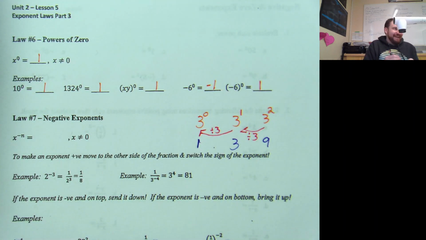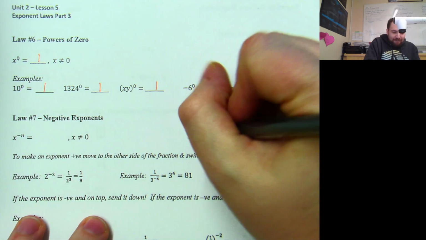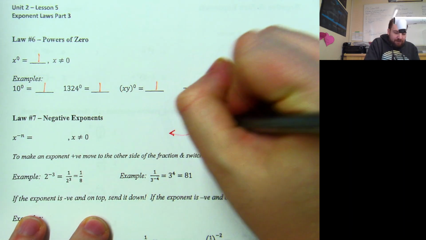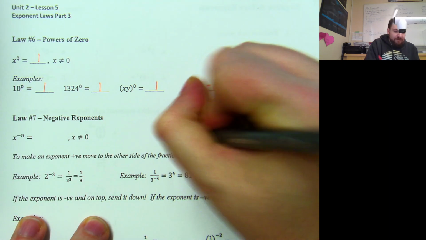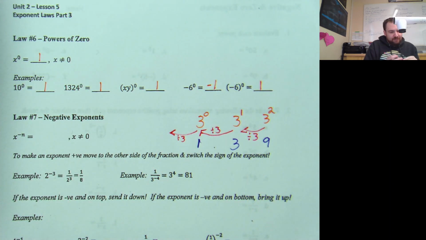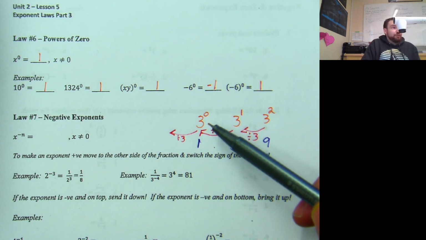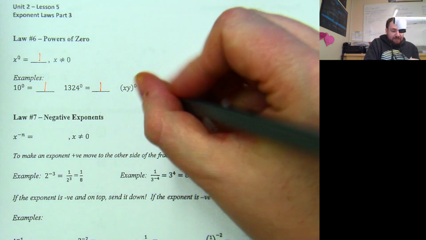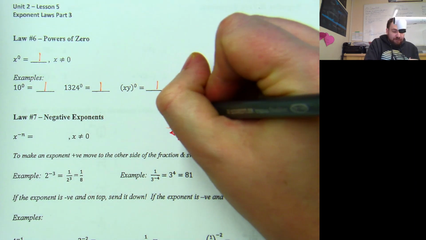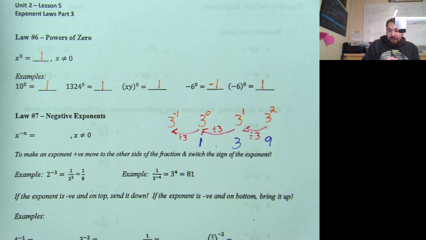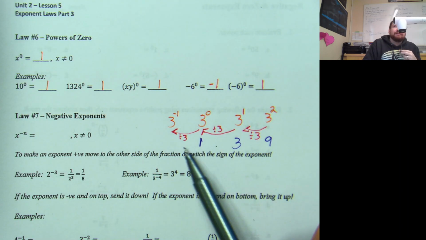Well, see, Danny, that's my question that I'm going to ask you now. What happens if I divide by 3 again? I'm going to decrease my exponent by 1, so that's going to give me 3 to the negative 1. But what's that going to be down here?